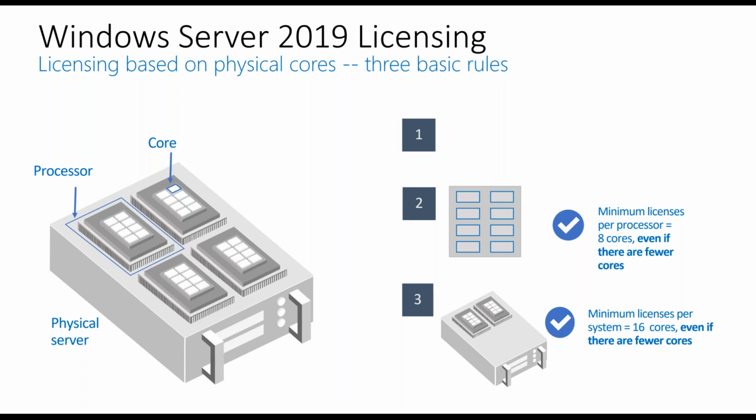In the example on the left, we have 20 cores, for instance 2 processors with 10 cores each. That would be a total of 20 cores, and we would therefore have to license with 1 16 core license and 1 4 core additional license. If we had 24 cores in total, then we would have to have a 16 core license and 2 4 core licenses.